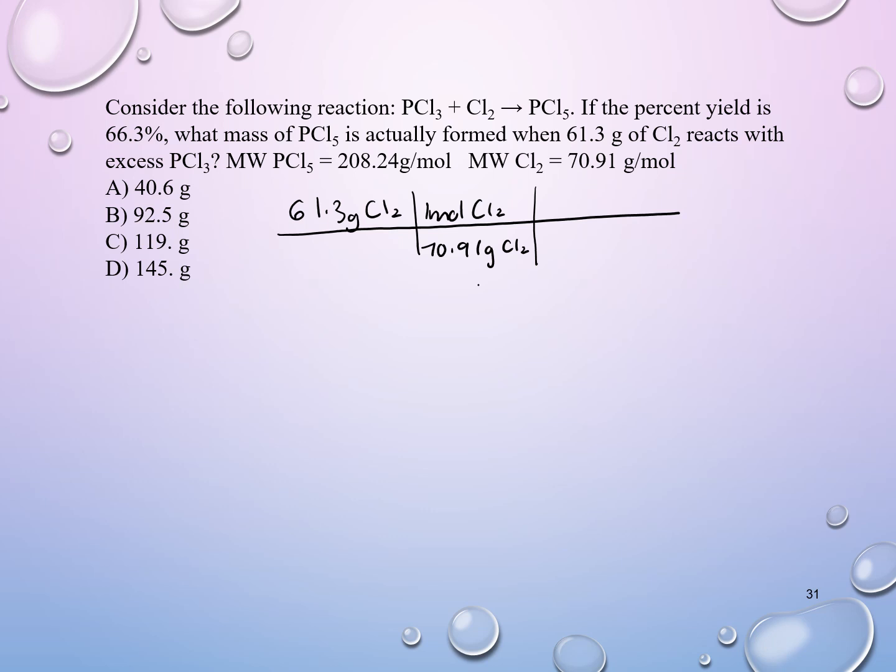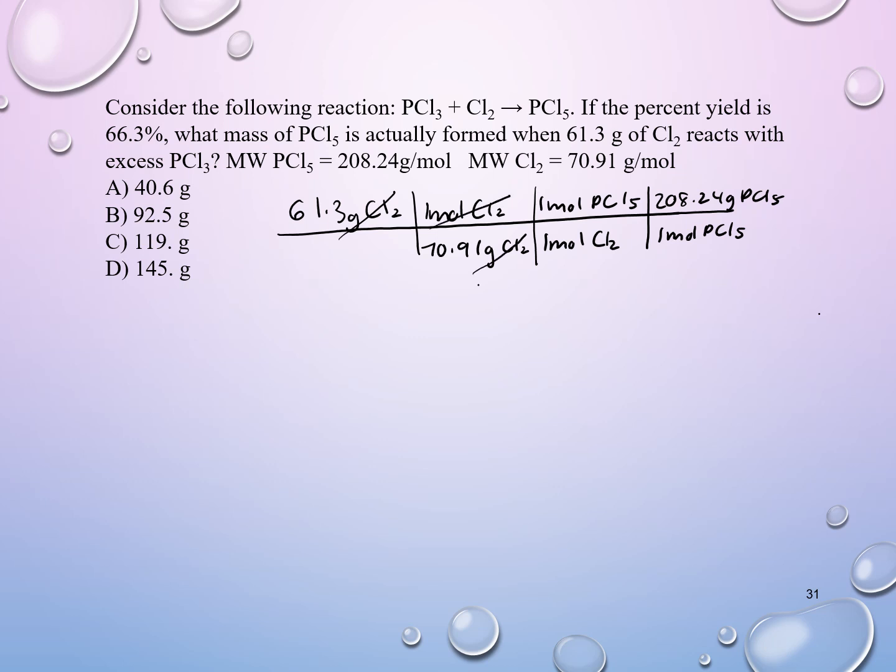Once we have moles, let's do the mole to mole ratio. 1 mole of Cl2 is to 1 mole of PCl5. So we get 1 mole of PCl5 here. Now we want to turn this into grams of PCl5. 1 mole of PCl5 is going to weigh 208.24 grams of PCl5.